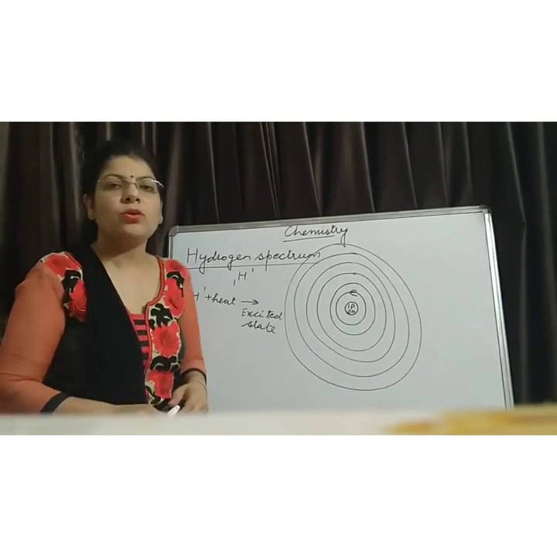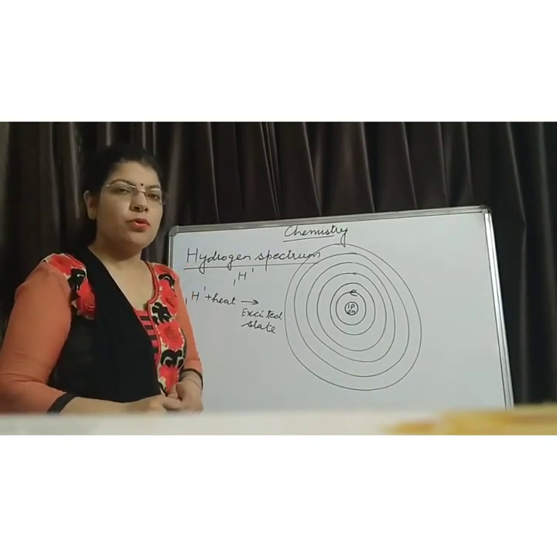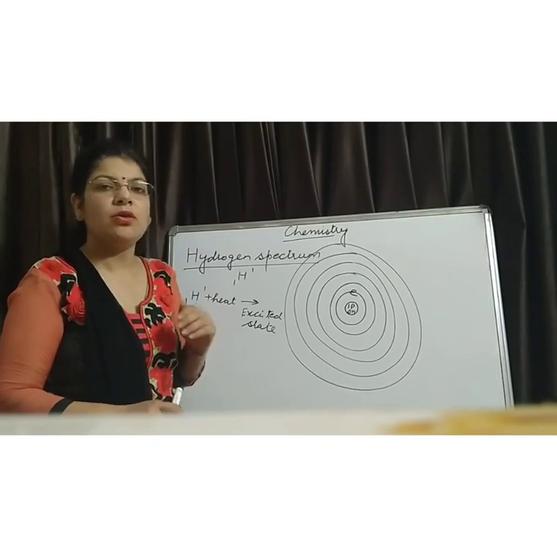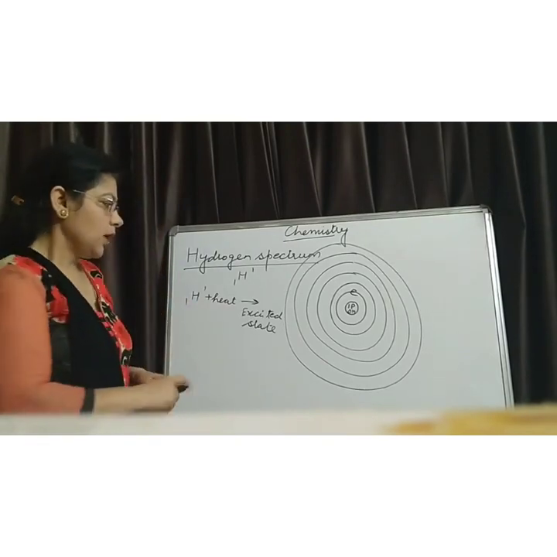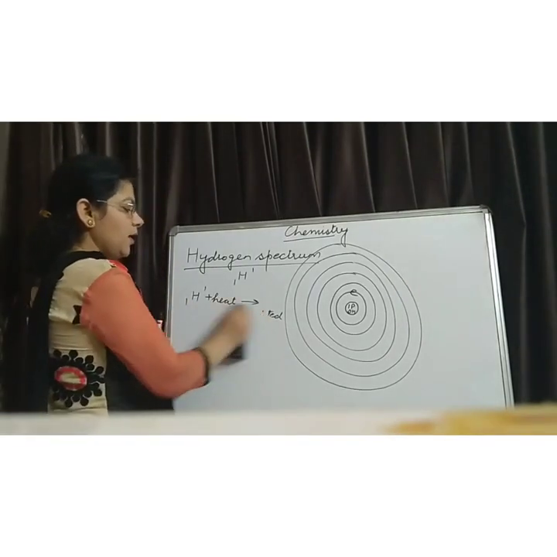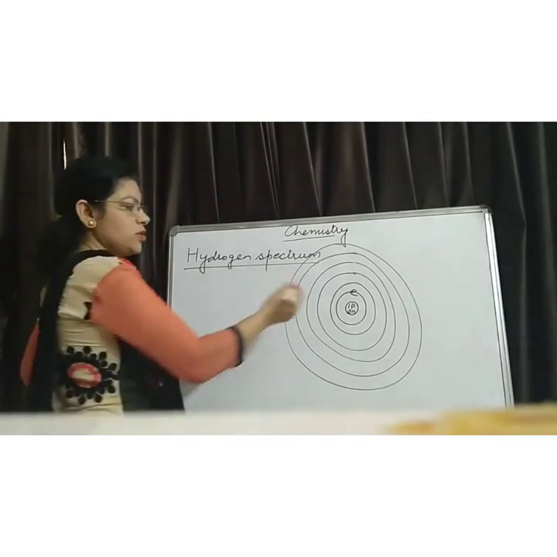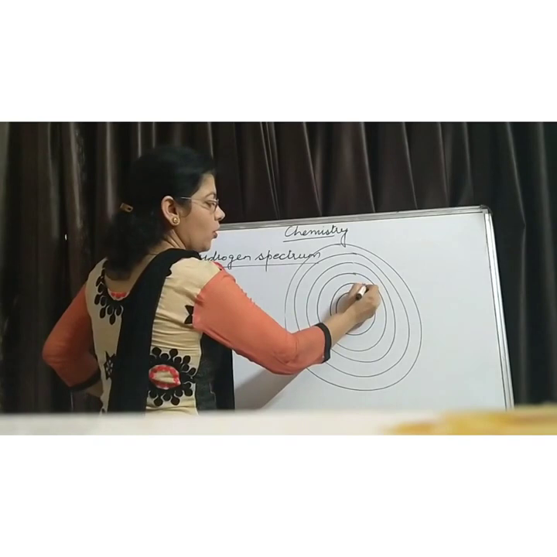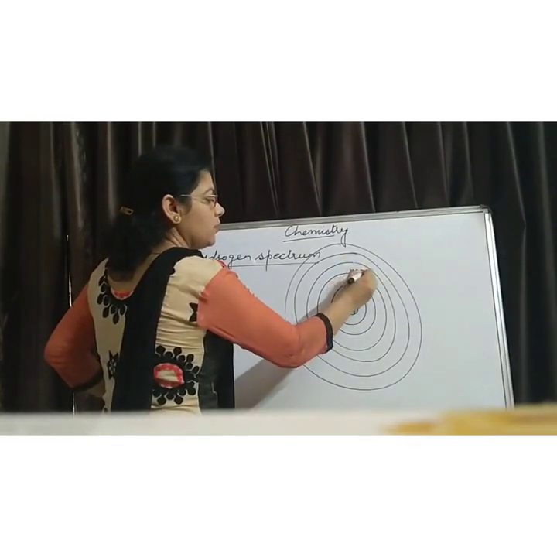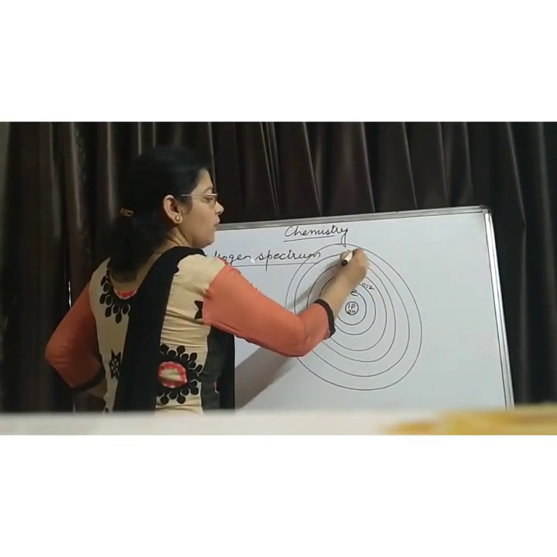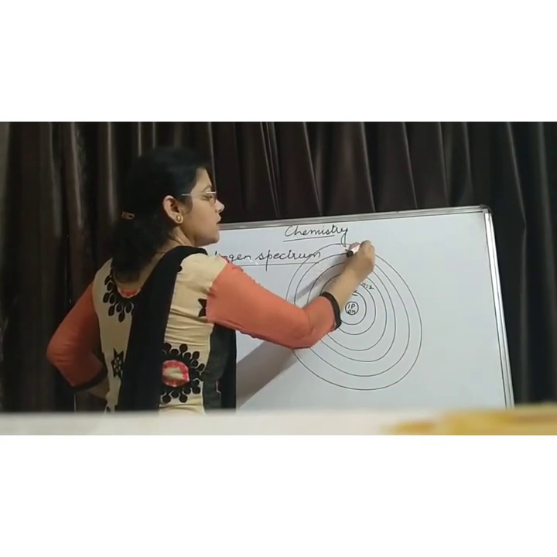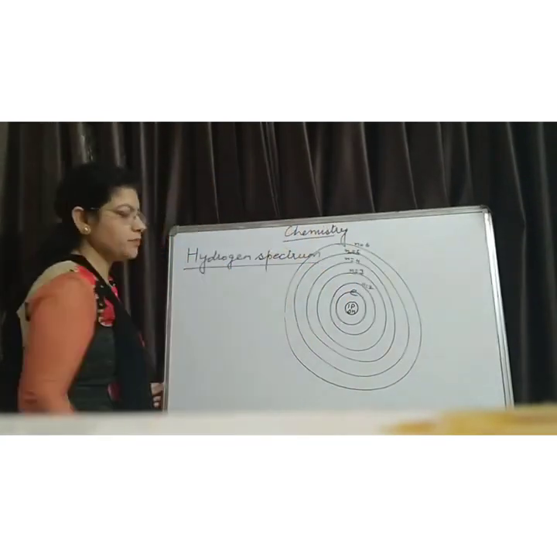We know that all the atoms, all the electrons are stable in lower energy. Therefore, when we supply energy the electron may jump into second orbit, third orbit, fourth orbit, fifth orbit or sixth orbit, and so on.